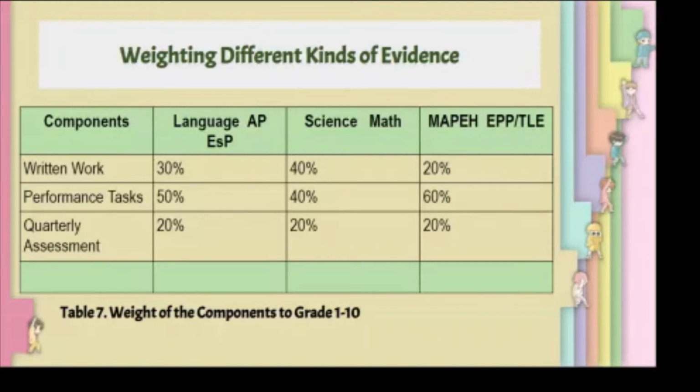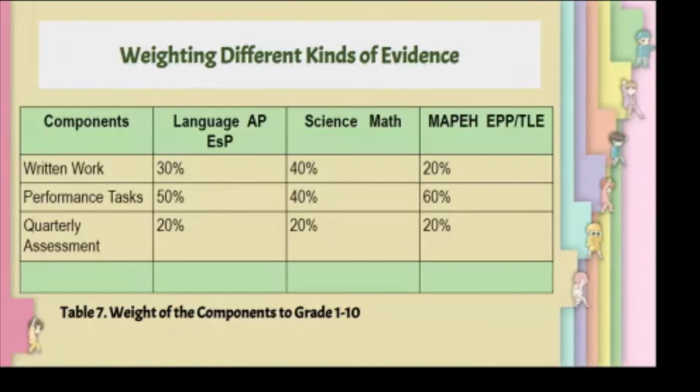As you can see, the written work for language, AP, and ESP is 30%, science and math is 40%, and 20% for the MAPEH, EPP, and TLE. For the performance task component, language, AP, and ESP is 50%, science and math 40%, and 60% is the highest percentage here, from the MAPEH, EPP, or TLE.